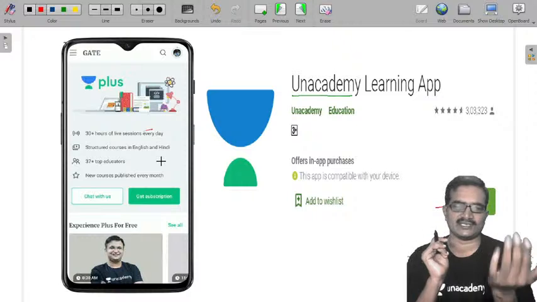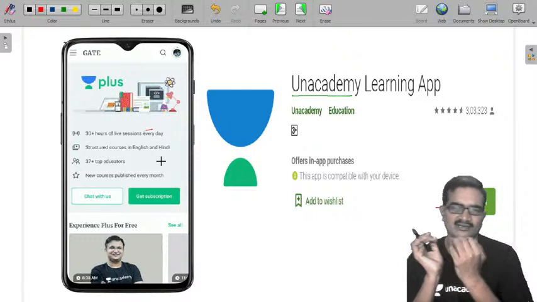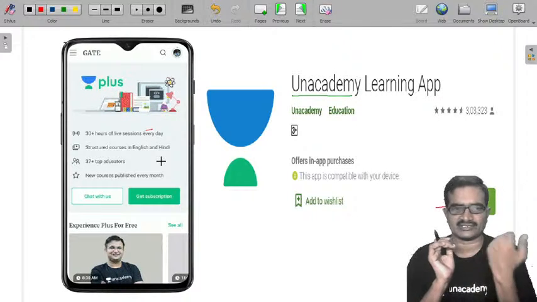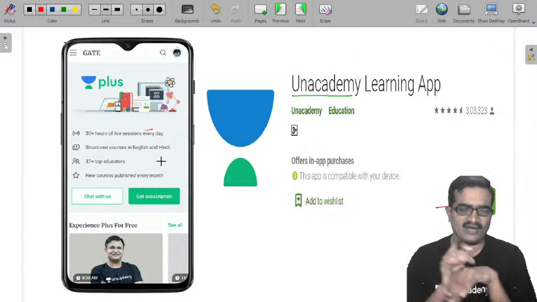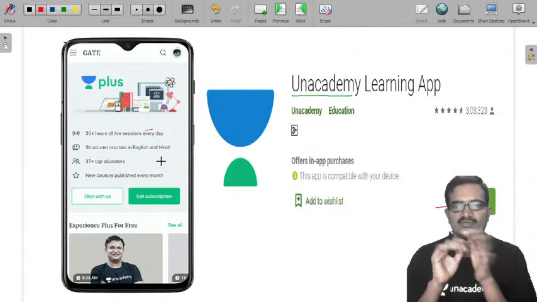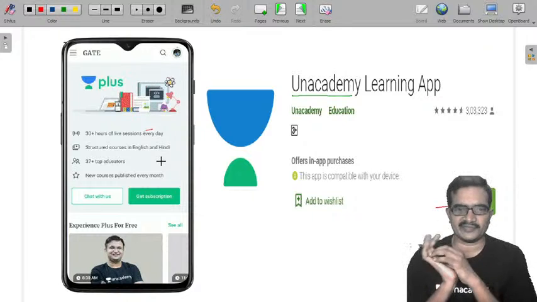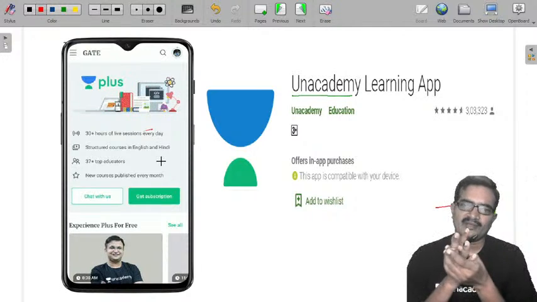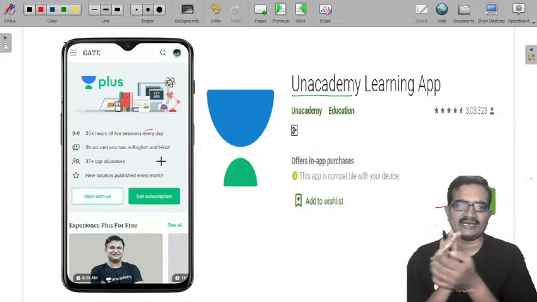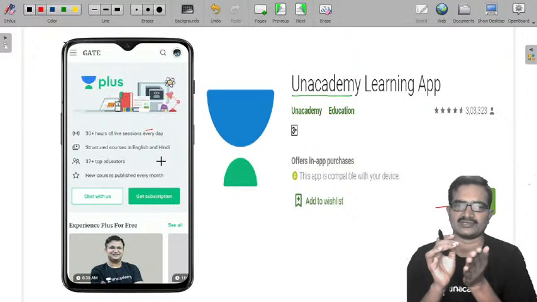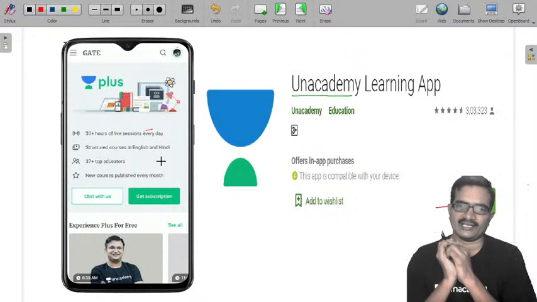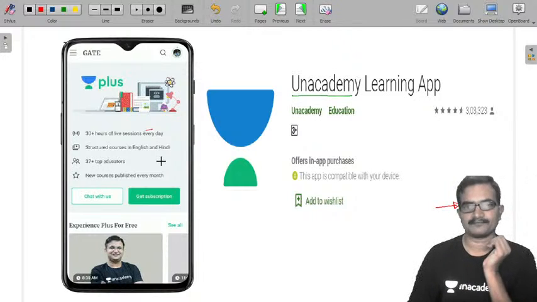In computer science, who are the top educators handling these subjects? In electronics and communication engineering, what are the different subjects we have, and which faculty handles each subject? You get that information. And if you want brief information about a faculty member, there you get a brief introduction about that faculty also.